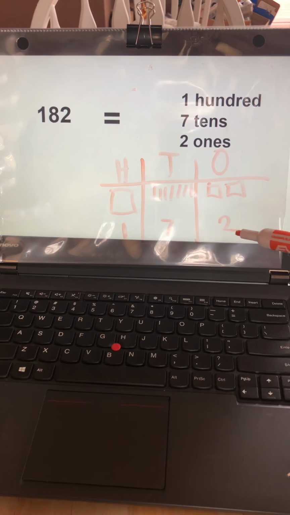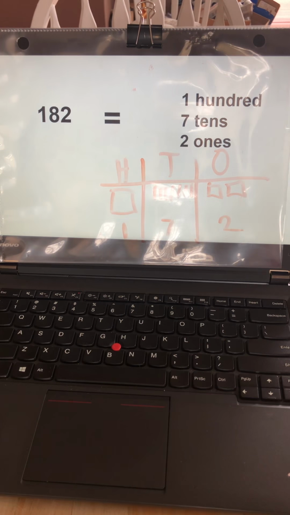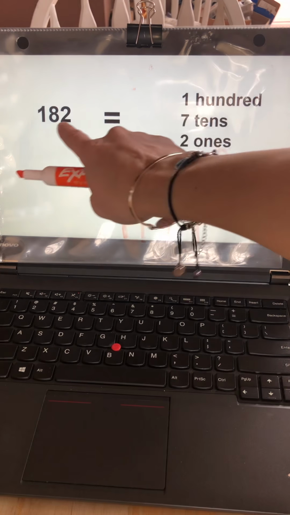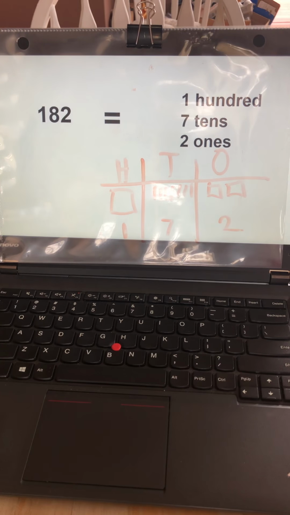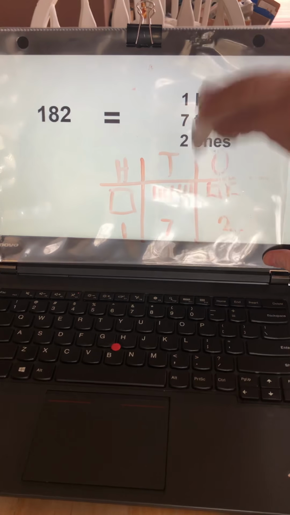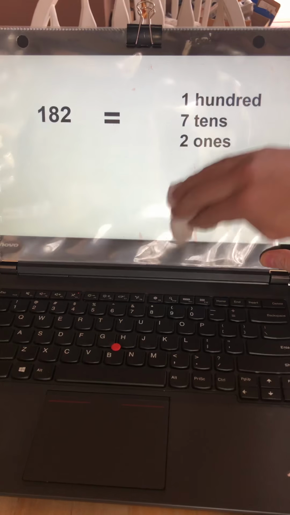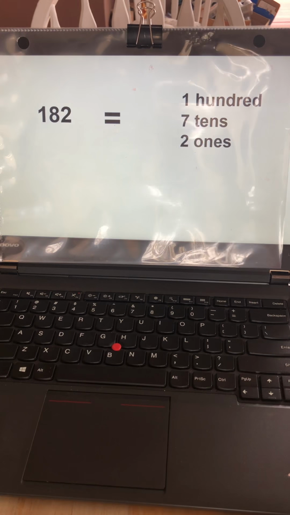So what number does this show? 172. Good. So is 182 equal to 172? No, it is not. This is not equivalent. Thumbs up if you got that. Awesome. Thumbs up if you did it without drawing pictures. Impressive. Very good. Let's continue.